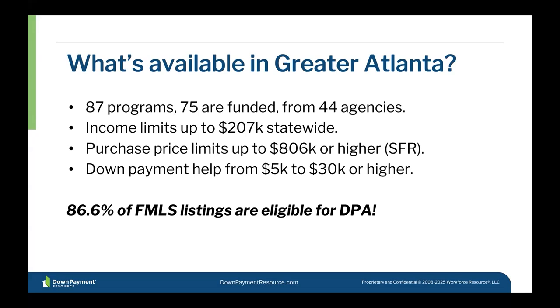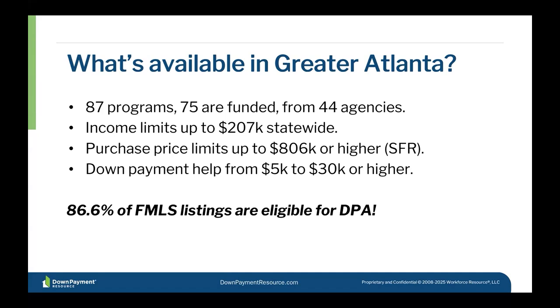Down payment help ranges from about 5,000 to 30,000 or higher. And once again, there are unique situations where that down payment assistance amount can be much higher. So prices can be higher also in targeted areas. And keep in mind that the stats that I pulled are just for single unit properties.